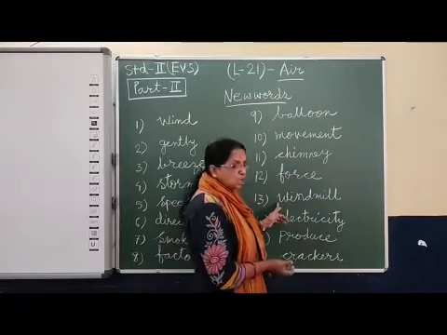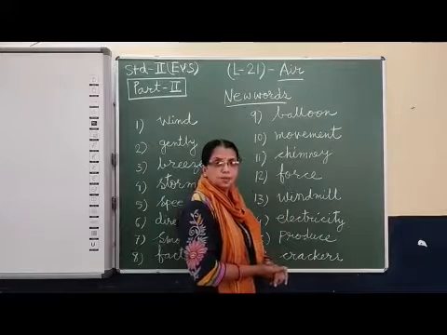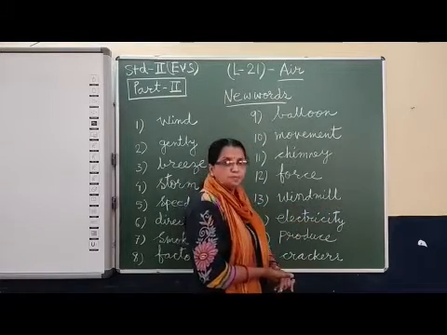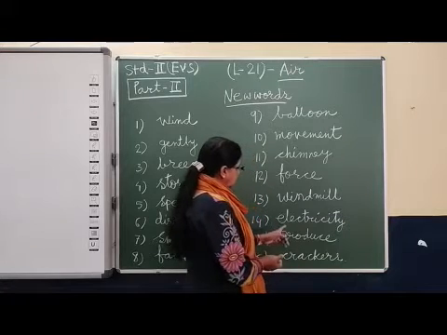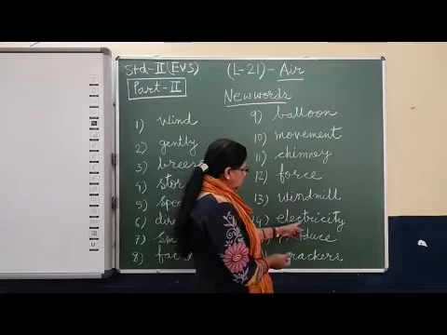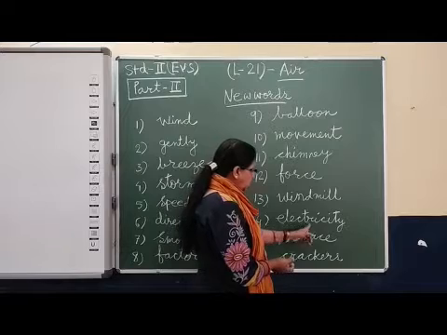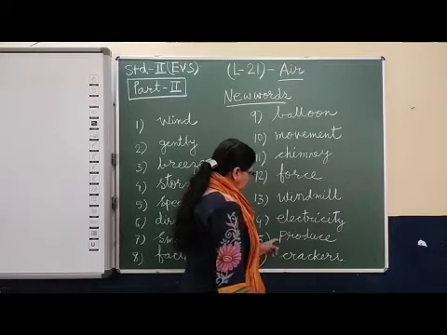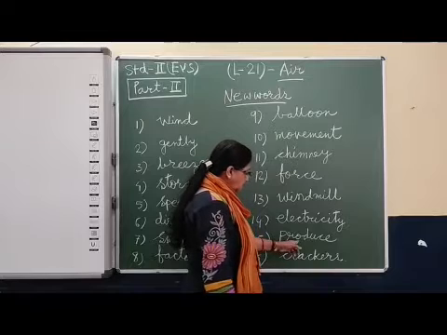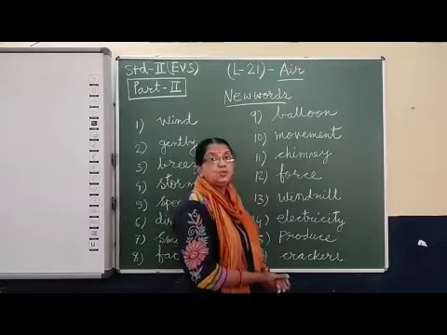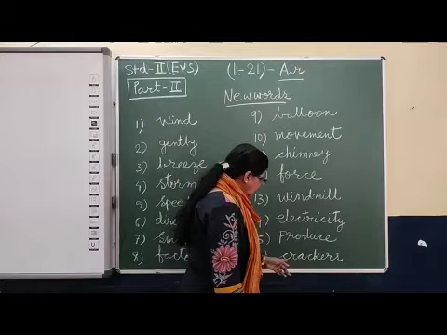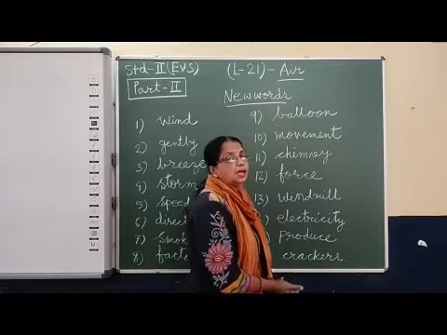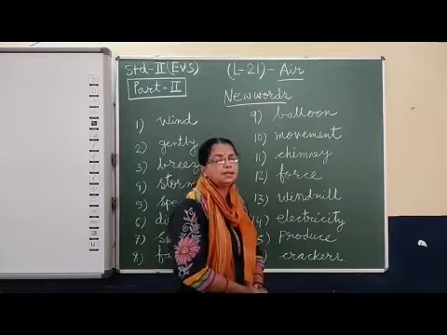Windmill, which produces electricity with the help of air, W-I-N-D, wind, M-I-L-L, mill. Electricity, E-L-E-C, elec, T-R-I, tri, C-I-T-Y, city, electricity. Produce, P-R-O, pro, D-U-C-E, duce, produce. Crackers, C-R-A-C-K-E-R-S, crackers.